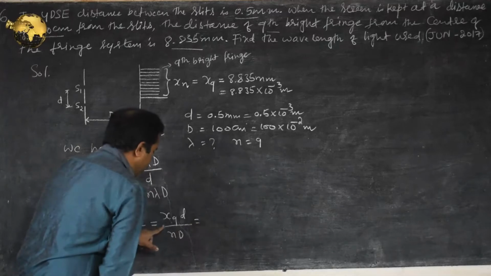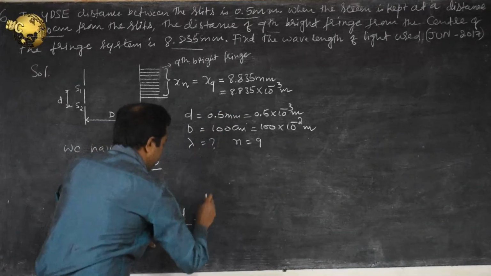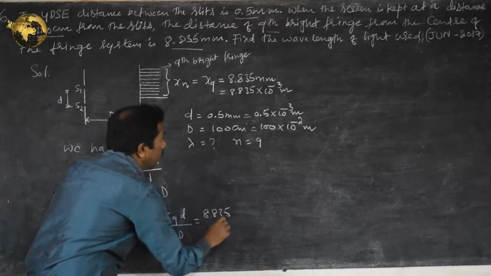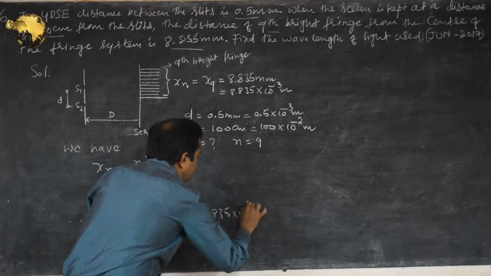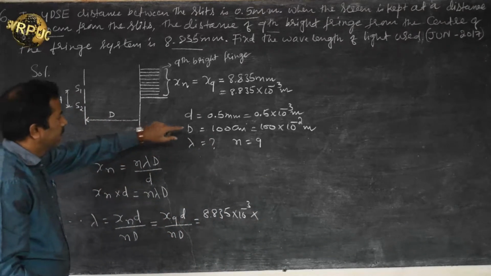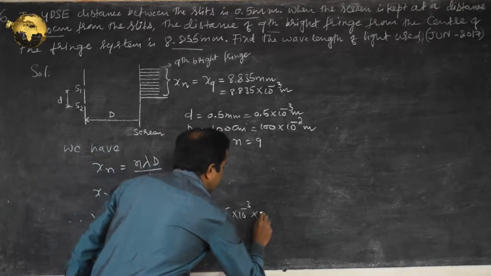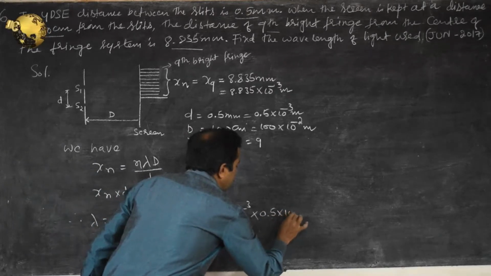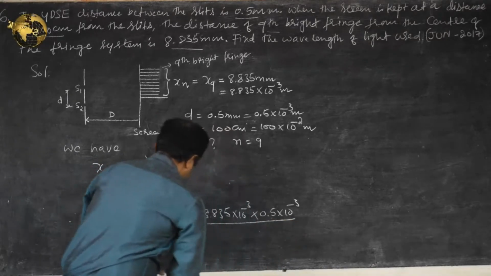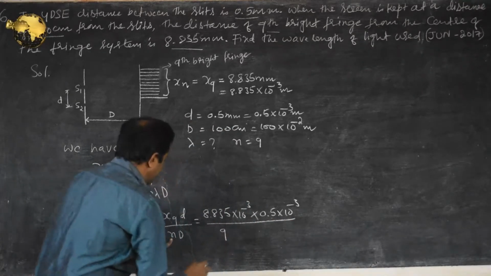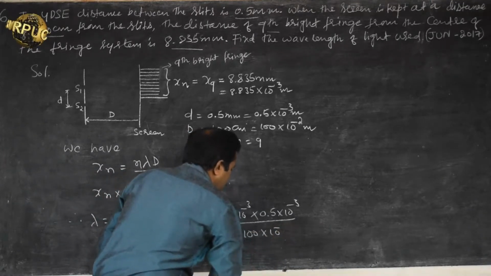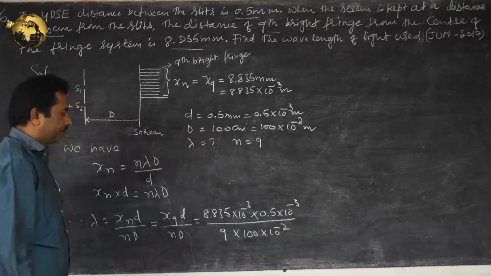So this is equal to, the value of x9 is given here, 8.835 into 10 to the power minus 3 into small d value. Small d is 0.5 into 10 to the power minus 3, whole divided by the value of n is 9, ninth bright fringe, and D is 100 centimeter, 100 into 10 to the power minus 2.